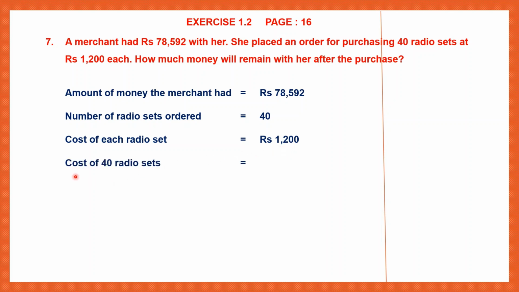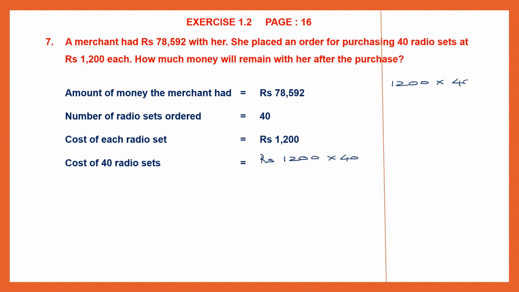That means the cost of 40 radio sets will be 1,200 into 40 because this is the cost of one and we need to find the cost of 40. So let's do that. So that will be rupees 1,200 into 40. So let's multiply this.